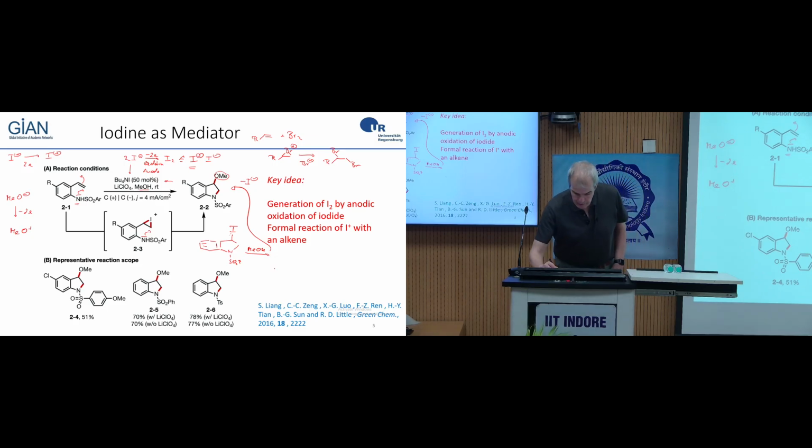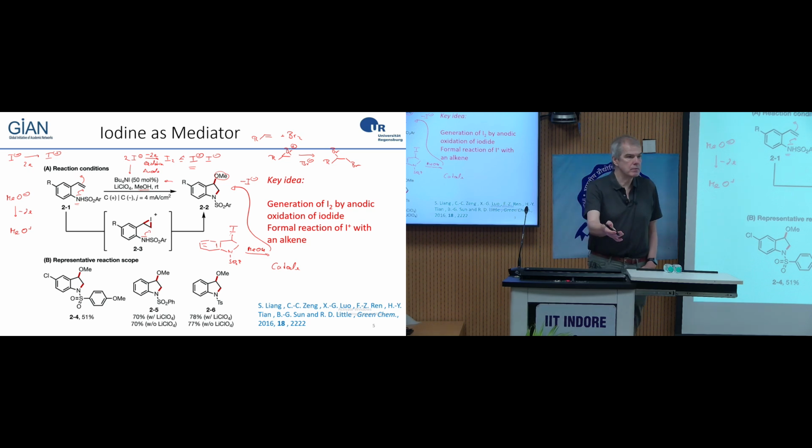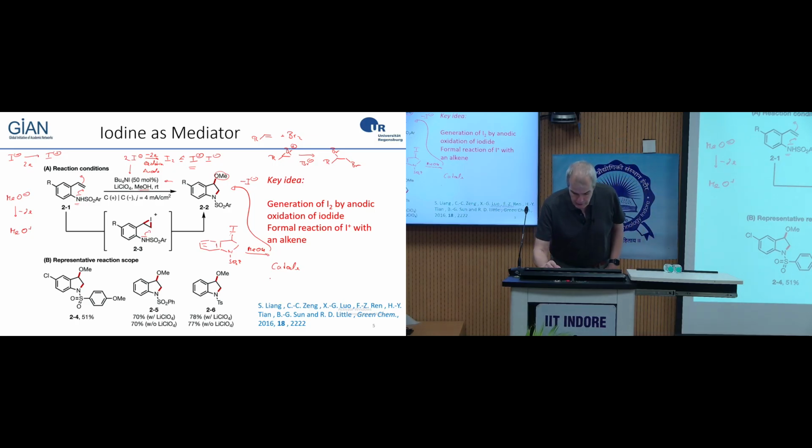On the cathode, the cathode reaction, because somewhere we need to get rid of these 2 electrons which have been stolen from the iodide. But then on the cathode, probably again we have a protic solvent, we have methanol, and 2 methanols take the electron here and will form hydrogen plus probably something like 2 methoxides, right?